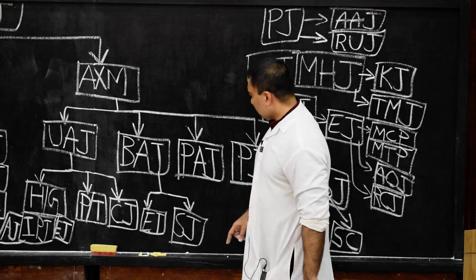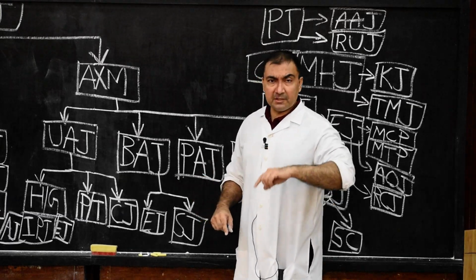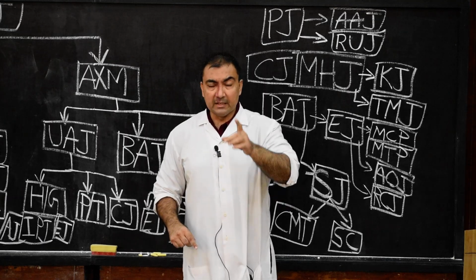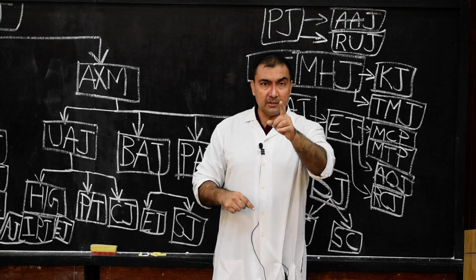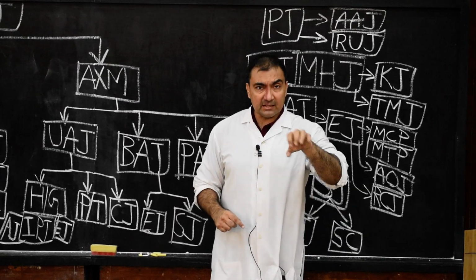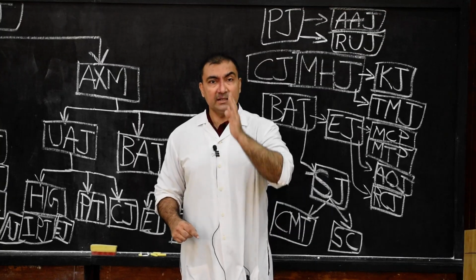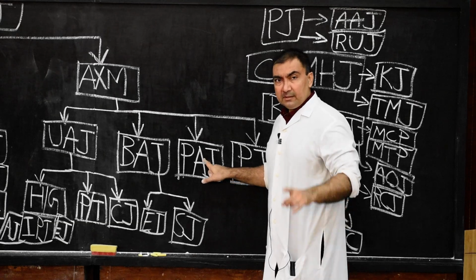So the movements which are possible will be flexion, extension, abduction, adduction, circumduction and rotation. Once again I repeat, flexion, extension around the transverse axis, then abduction, adduction around the anterior posterior axis, and circumduction and rotational movements around the vertical axis.